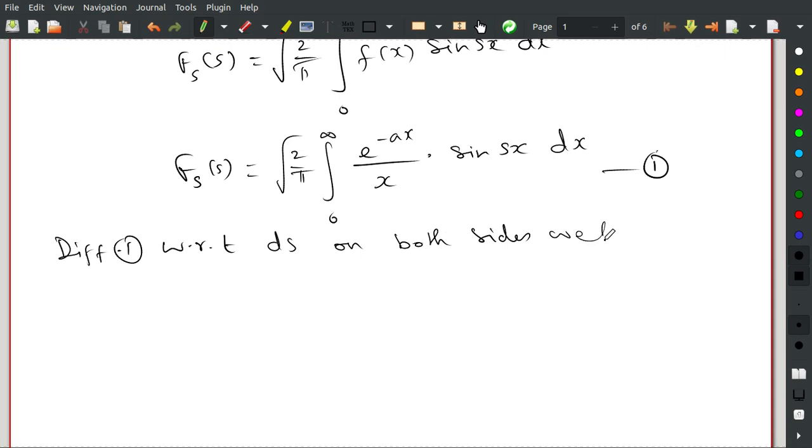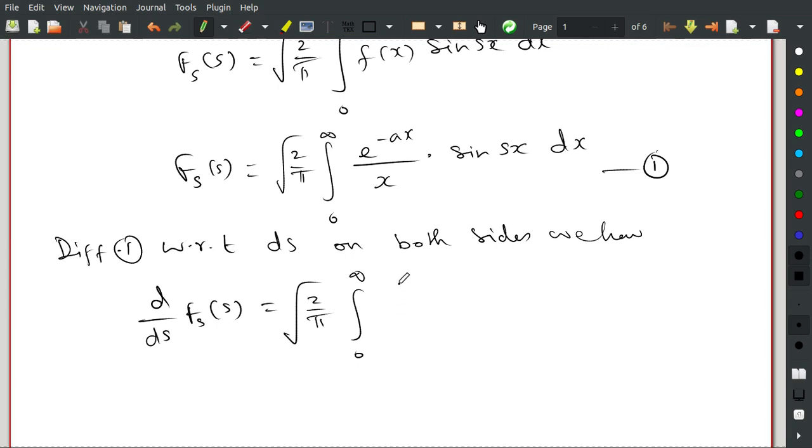We have d by ds of f of s equals root 2 by pi integral 0 to infinity. Since we are differentiating with respect to s, we can take this differential operator inside, because our integral is with respect to dx, so it won't affect anything.